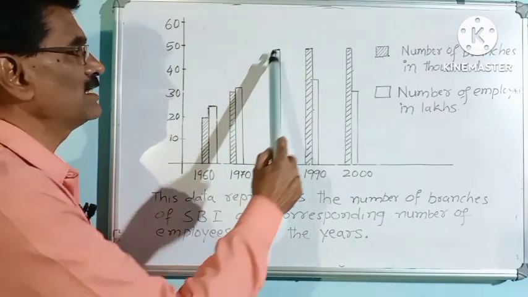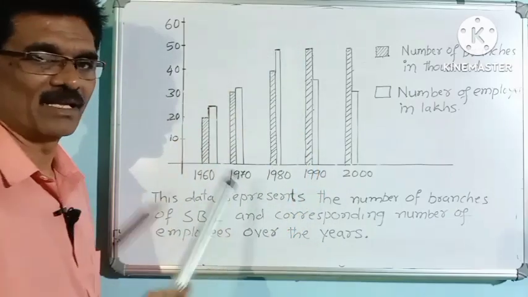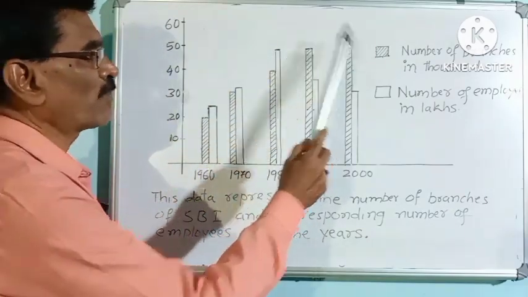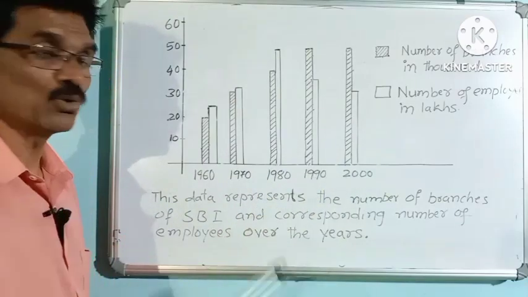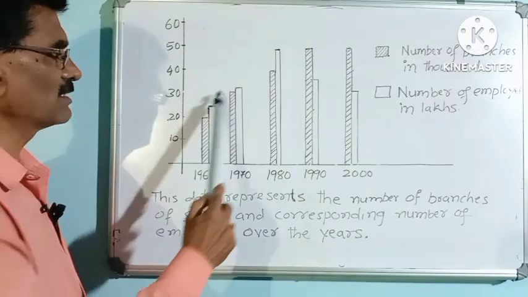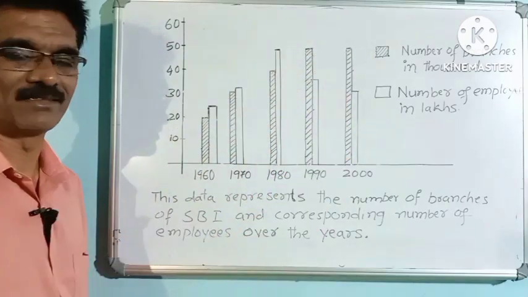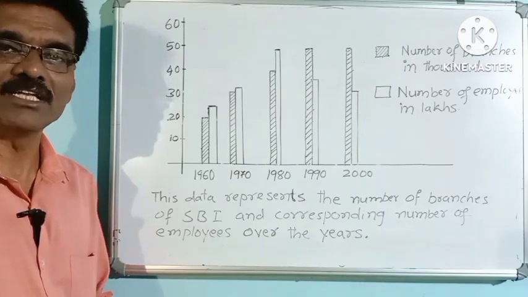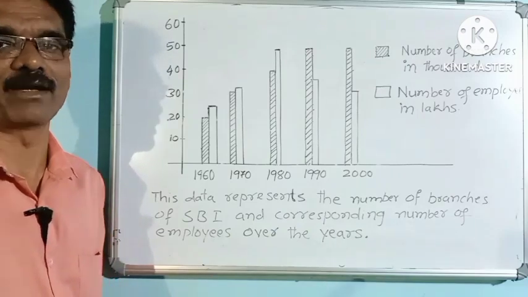Therefore, both are increasing in parallel. But in this decade, 90 to 2000, there is a stagnation. That means there is no linear increase. Maybe it is because it has already reached the saturation point.